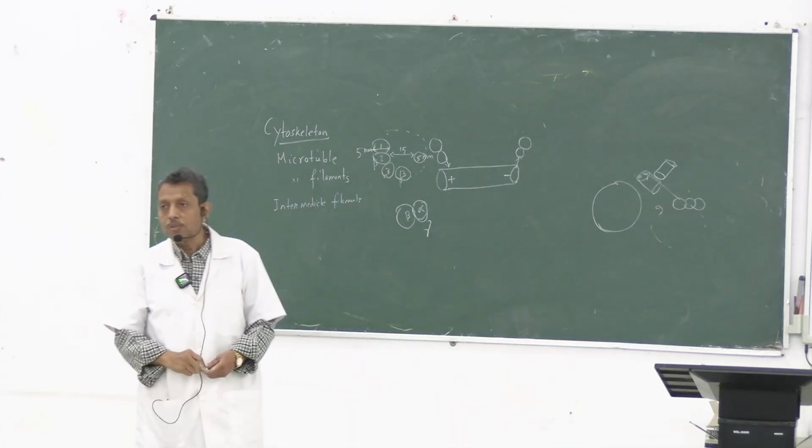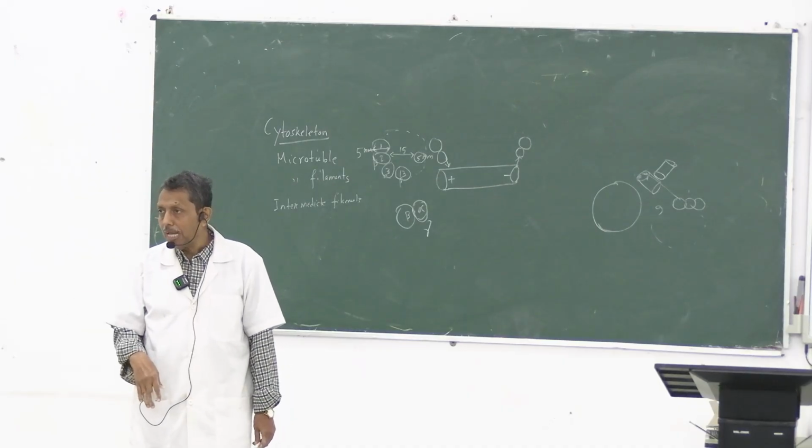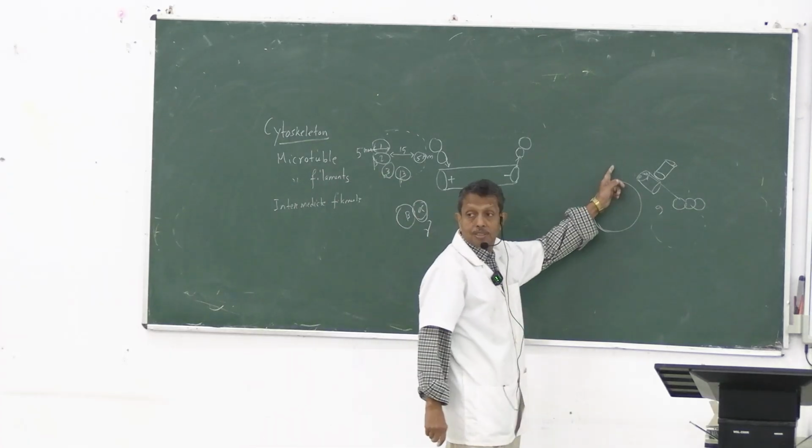Before the cell division, they also divide by some means and go to opposite poles of the nucleus.